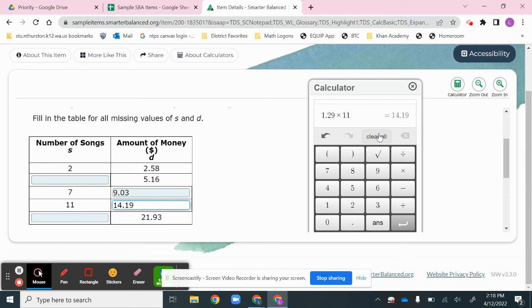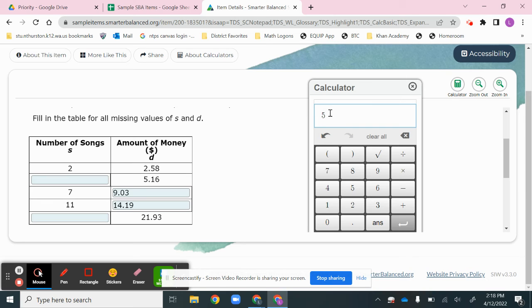Okay, so we're going to clear all. So we will take $5.16. We'll divide it by $1.29, because we want to see how many groups of $1.29 there are in $5.16.